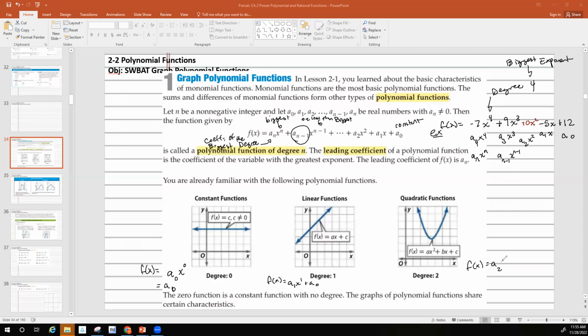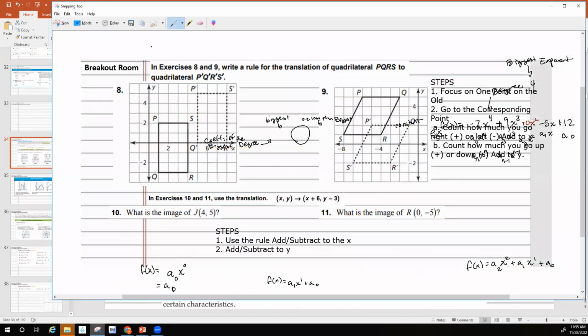So it's a sub 2 x squared plus a sub 1 x to the first plus a sub 0. All right, and that's a quadratic. So it says that the 0 function is a constant function with no degree. The graphs of polynomial functions share certain characteristics. All right, let's put this on the notes.